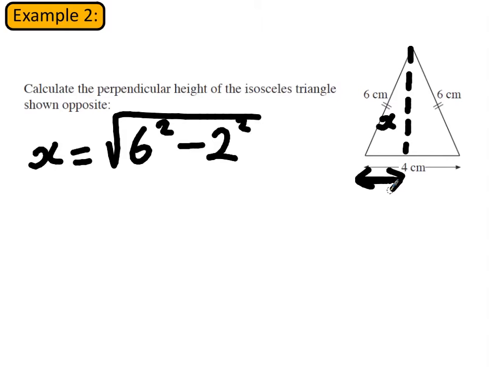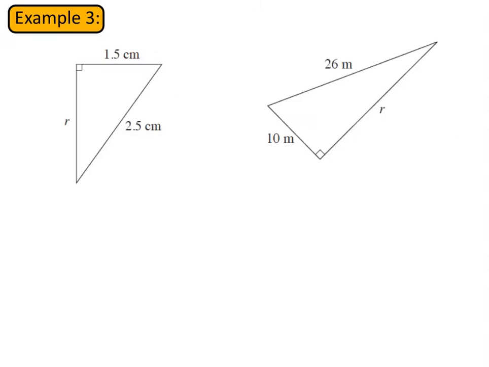And please remember that Pythagoras' theorem only works for right angle triangles. We couldn't do it on the original picture because it's not a right angle, it's an isosceles. That's why we've had to do this. Now if we calculate that on our calculators, we're going to end up with 5.7 centimeters, and that's rounded to 1 decimal place.